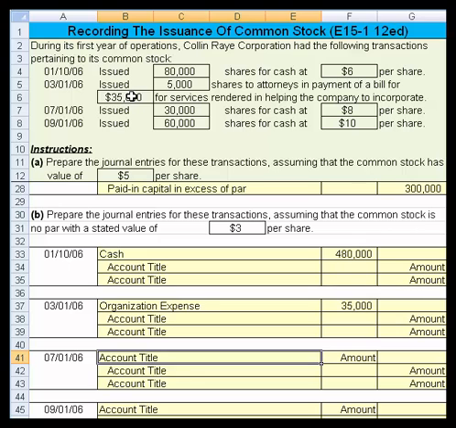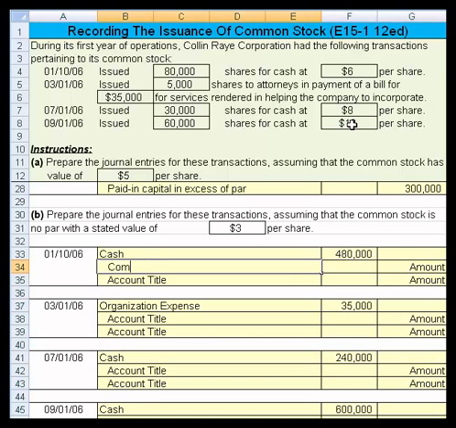The cash proceeds on July 1st is still going to be equal to the 30,000 times the 8. And the cash proceeds on 9/1 is still going to be 60,000 times the 10. None of that changes, so I'll fill those in first. Now we need to figure out the common stock. With a $3 stated value, we need to take 80,000 times that $3 value.